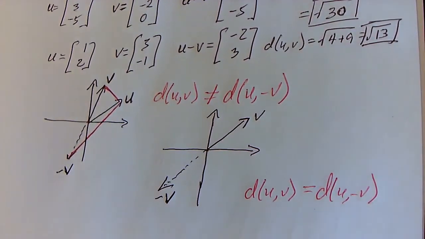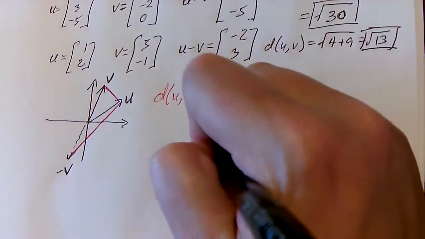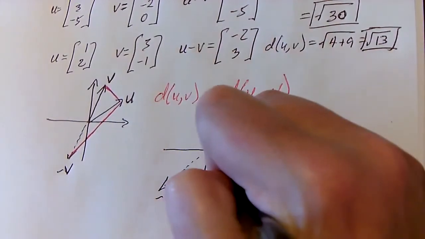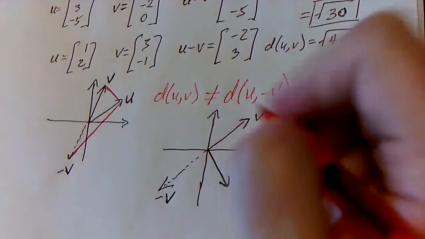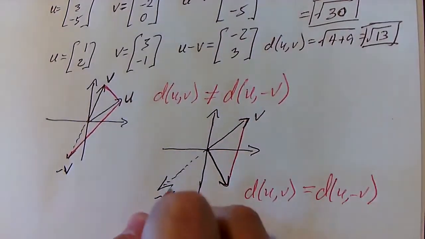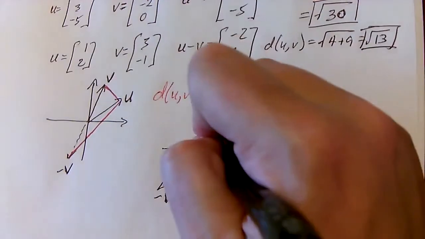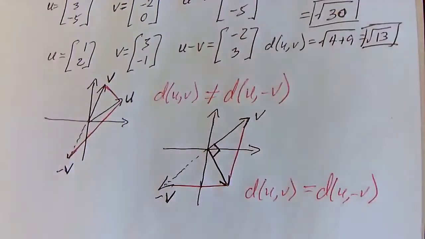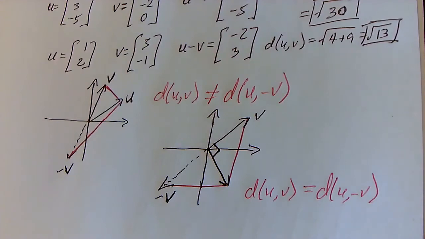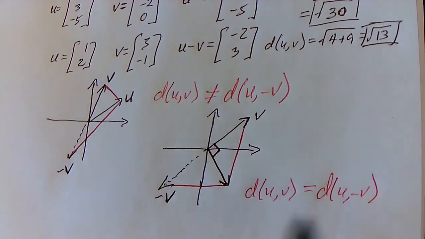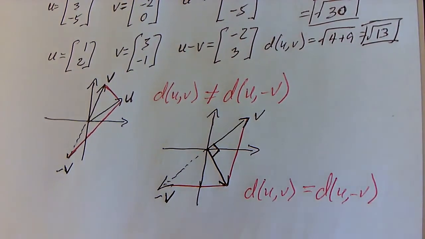So as I look here, if I'm going to get this distance to be the same, I better put the vector u in the middle, because I want to make these red distances the same on my picture. As you're looking at that picture, that should invoke an idea for you. That's a right angle. So orthogonality corresponds to when this is the case. Orthogonality is just another word for a right angle or for perpendicular.